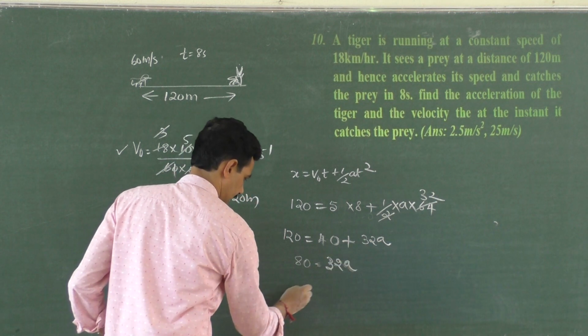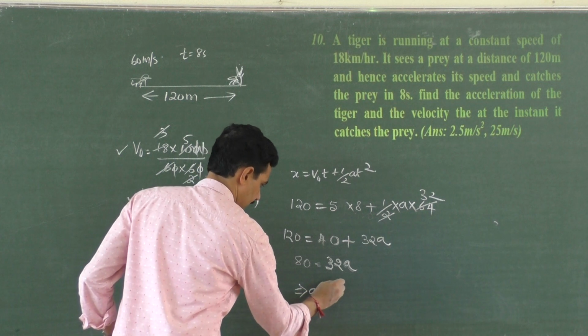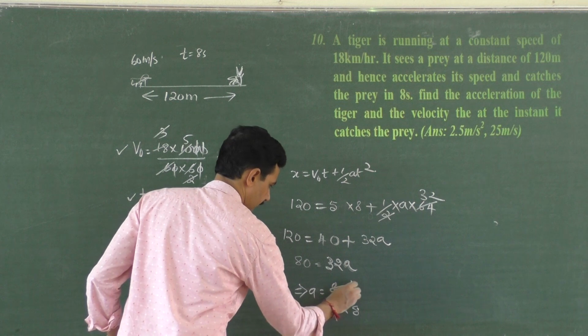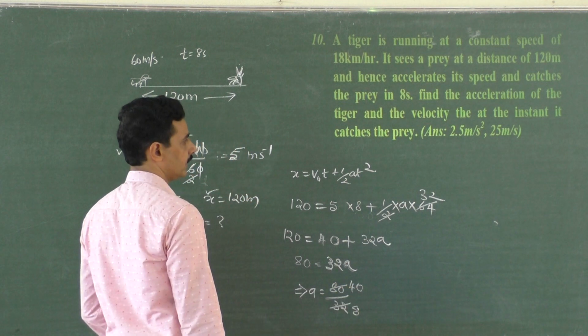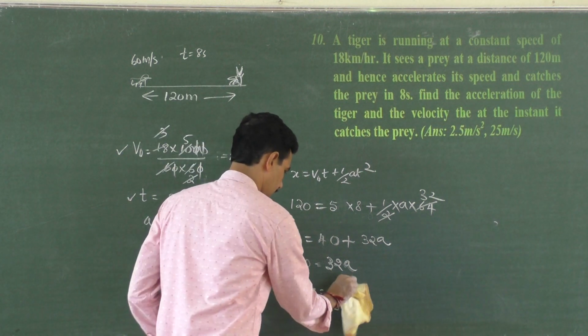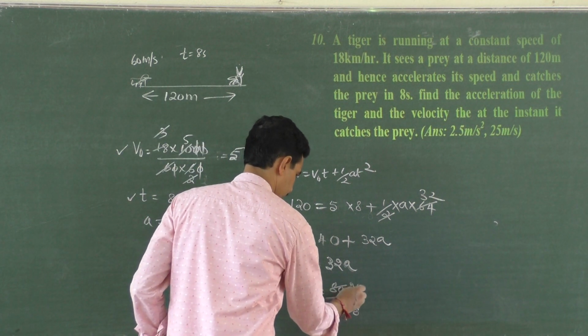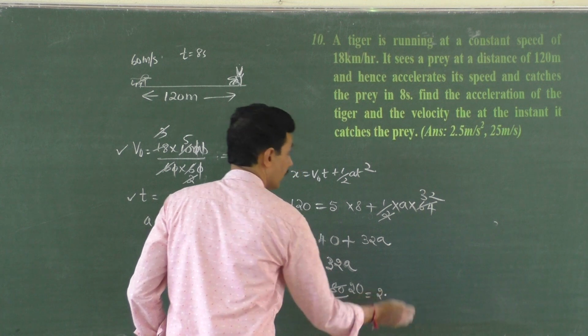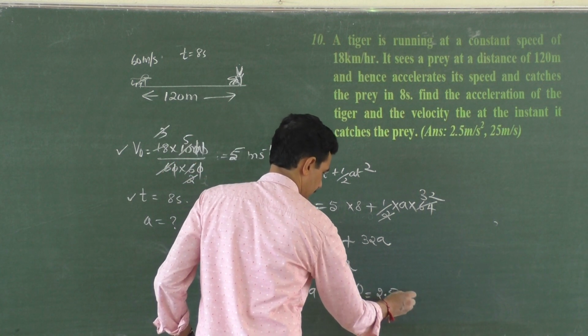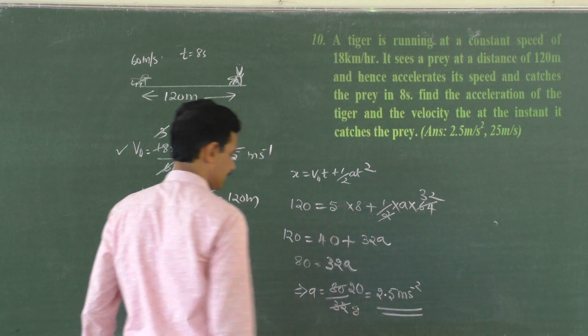What is a? That implies a is equal to 80 by 32, 4 8s are, 4 40s are, 5? 4 20s are, 4 8s are, 4 20s are, 2.5 meter per second square. That is acceleration.